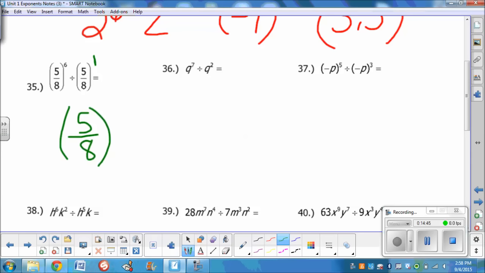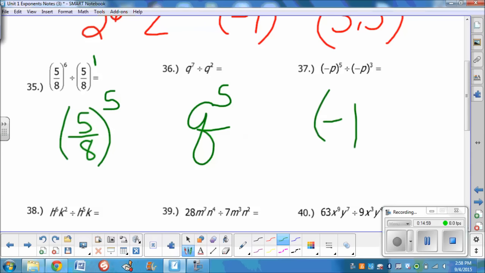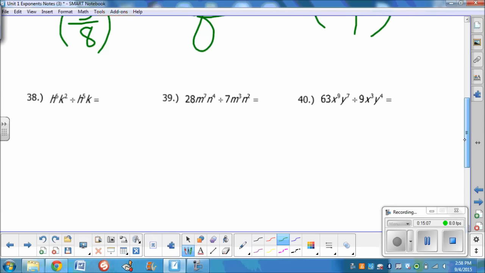I'm dividing, so it's 6 minus 1, 5. There's my base. I'm dividing, so I subtract exponents. 7 minus 2, 5. I'm going to put this base in parentheses because it's negative. That's the base, negative p. 5 minus 3, 2. Go ahead, pause and practice.